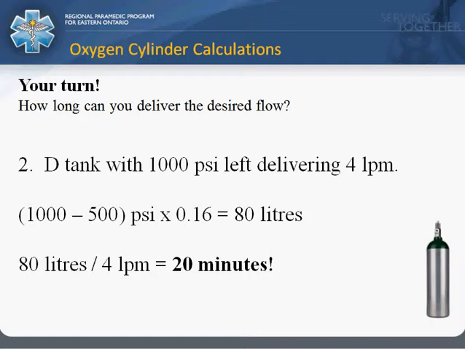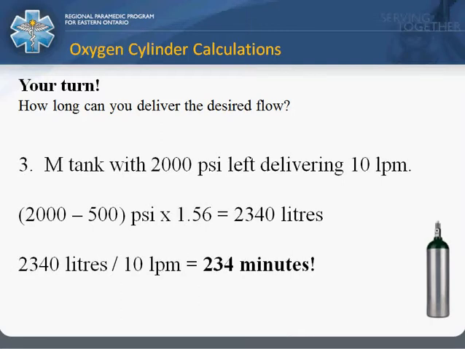I can assess a patient and get them out of the house in under 20 minutes, unless there's something complicated going on. But generally, if I'm delivering 4 liters per minute, 20 minutes is plenty of time for that patient. I can do that. Number 3, an M-tank with 2,000 pounds left delivering 10 liters per minute. A brand new M-tank. The crew who just finished their shift must have changed it for you.